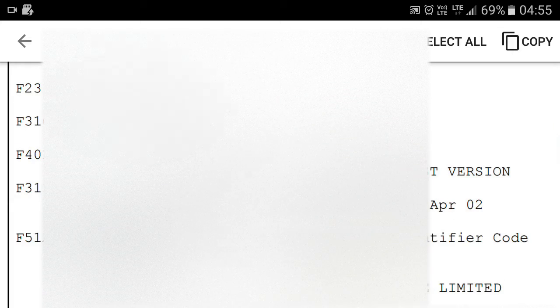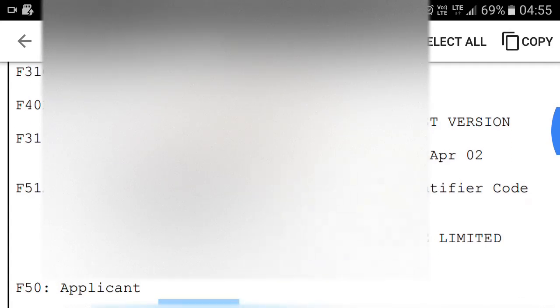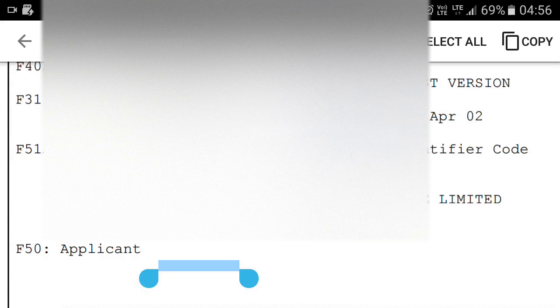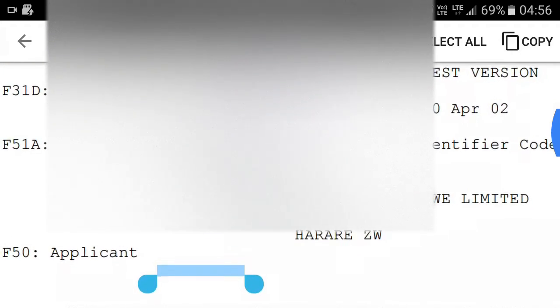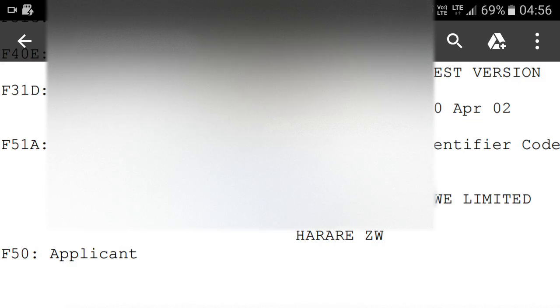If we go to 31D, date and place of expiry of the LC. This is the country of the applicant where this LC will expire, and the date is also mentioned. Applicant: here the applicant party identifier code is mentioned, the unique code represented by the bank.